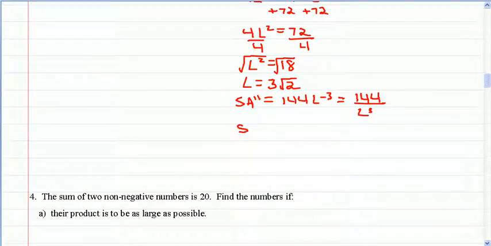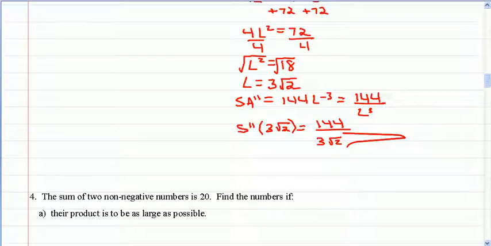So that when I test the critical point of 3 square root of 2, I'm not concerned with the value of the second derivative, but rather what the sign is.